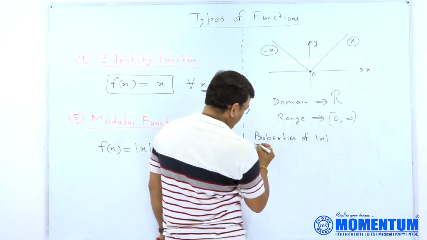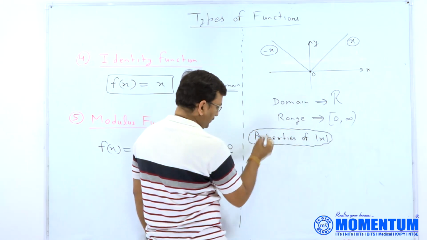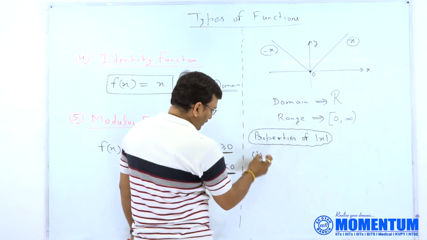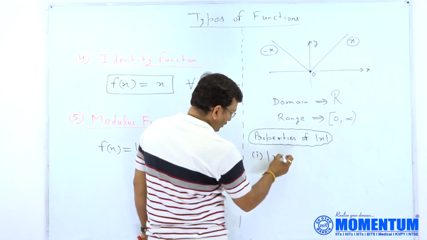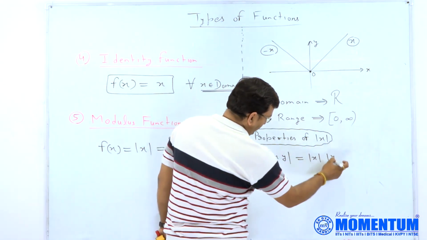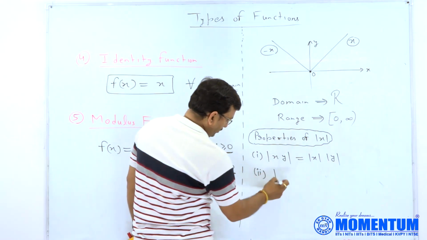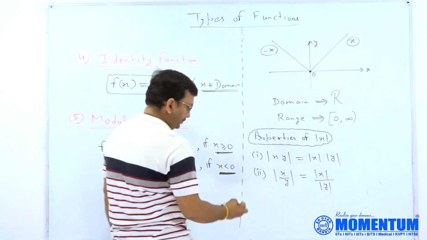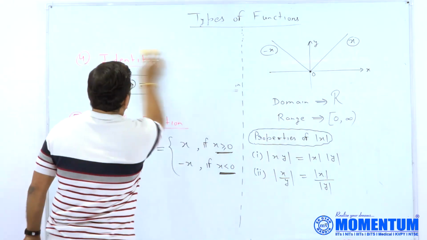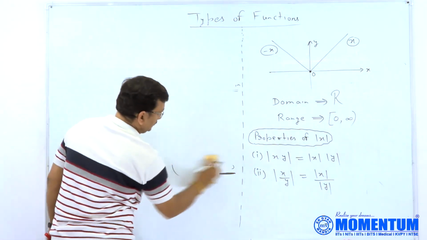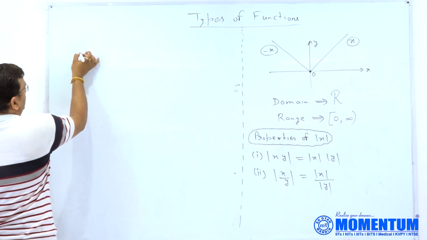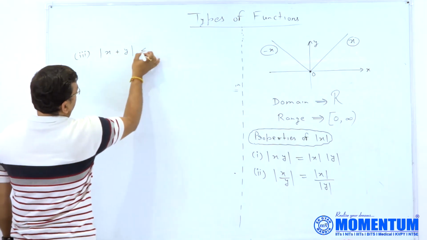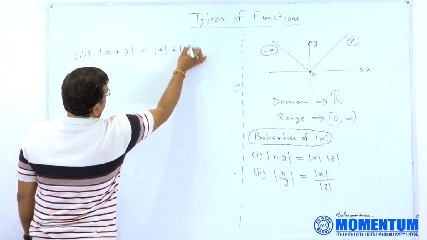Properties of mod x. These will help you in problems. Number one, mod of xy is mod x into mod y. Number two, mod of x upon y is mod x upon mod y. Number three, mod of x plus y is less than or equal to mod x plus mod y.